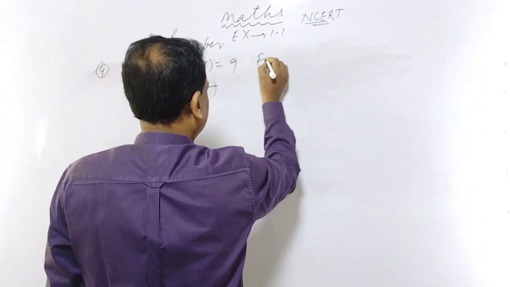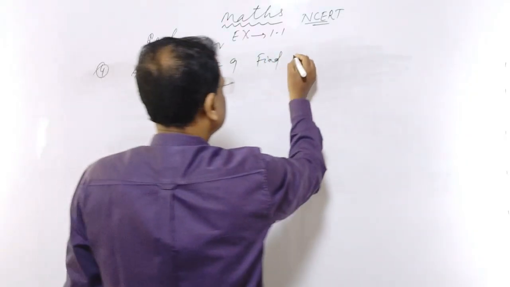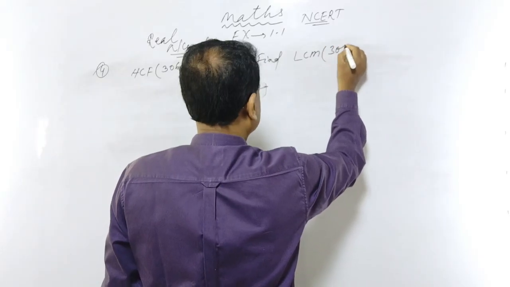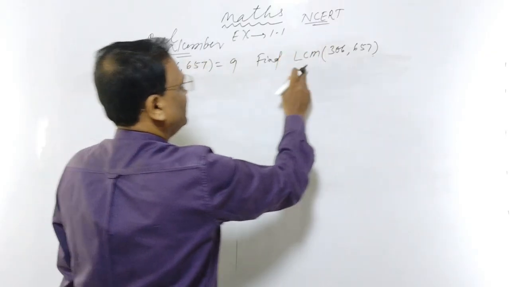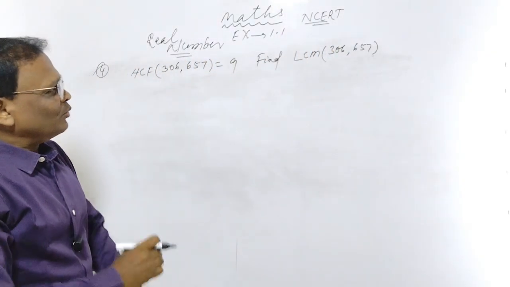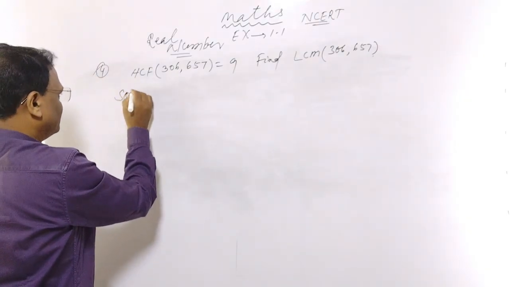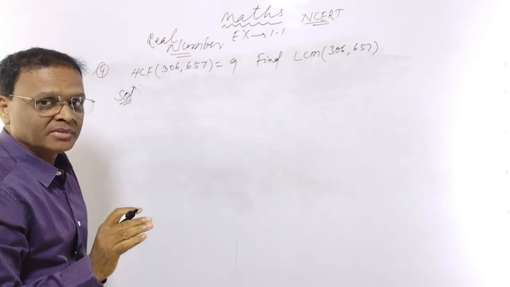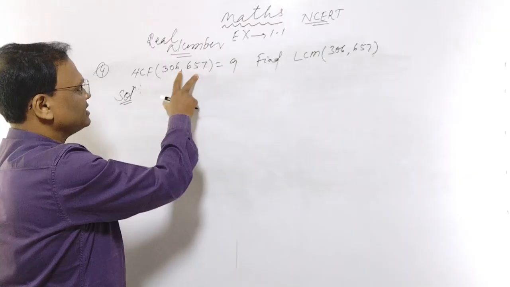And he is asking, find what? The LCM of these two numbers. What is the LCM of the two numbers? This is the actual question. Find the LCM of these two given numbers. अच्छा कौन से numbers के HCF LCM दिया question? The given numbers are 306 and 657.